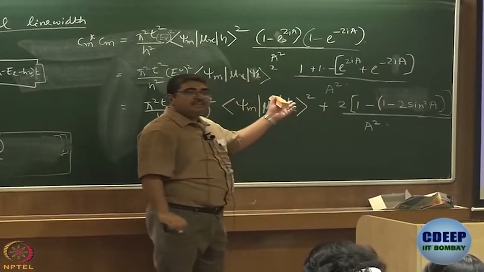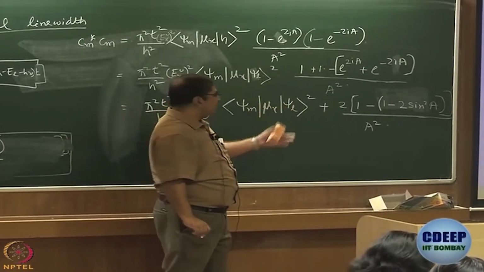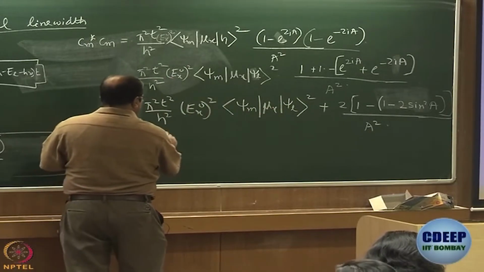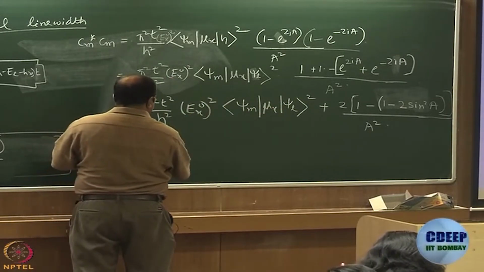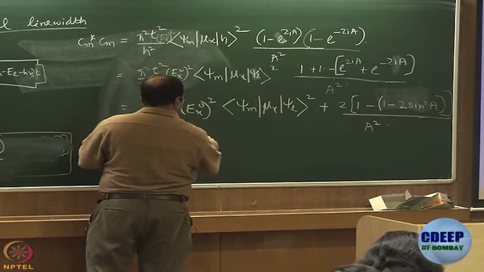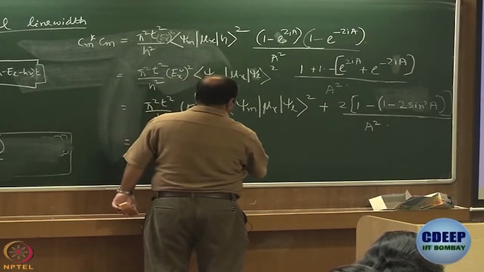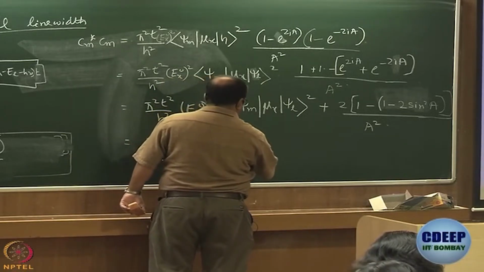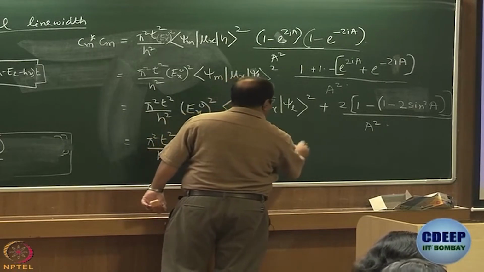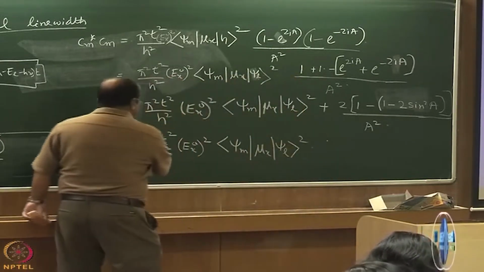Now the numerator has been cleaned up very nicely, right? 1 minus 1, that is 0. Okay? So you are left with pi square t square by h square x0 whole square of your transition moment integral multiplied by, maybe I'll write 4 here.